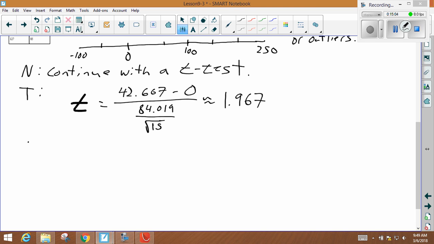Yay, let's obtain a p-value. So p, we want the probability that t is greater than 1.967. We're going to draw a picture of that.